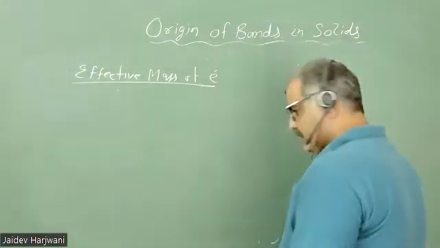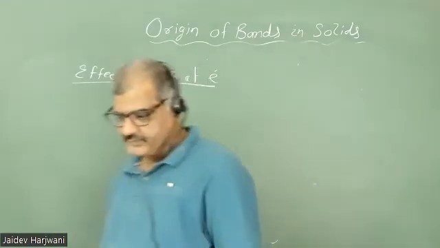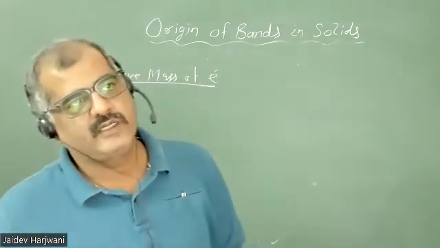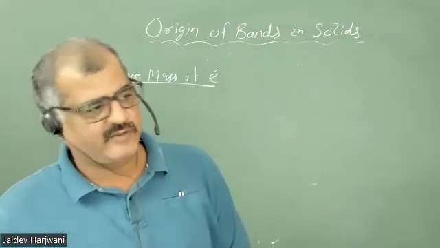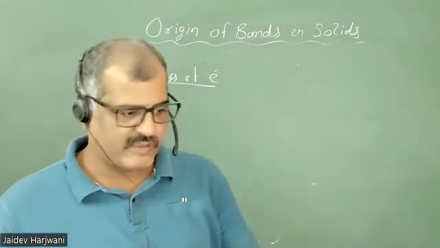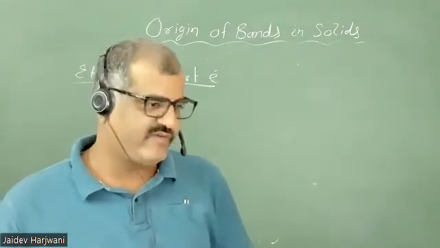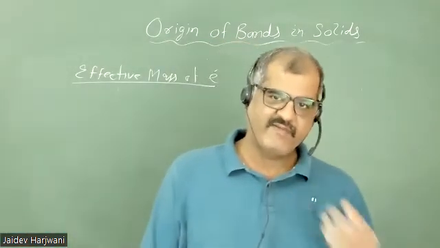We have seen that in the crystal your electron can always be shown by waves. That's why we have wave vectors, and the electron wave vectors are discrete also.